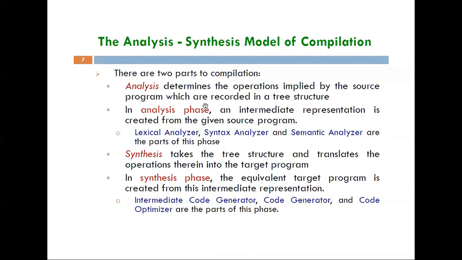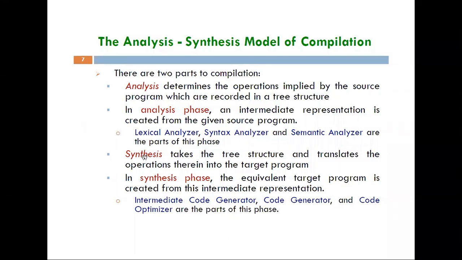Now, what is the role of the analysis phase? It determines the operations employed by the source program, which are recorded in a tree structure, hierarchical form. In the analysis phase, an intermediate representation is created from the given source program using tree structures.